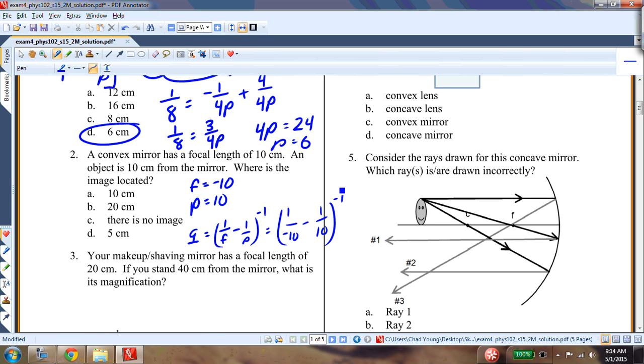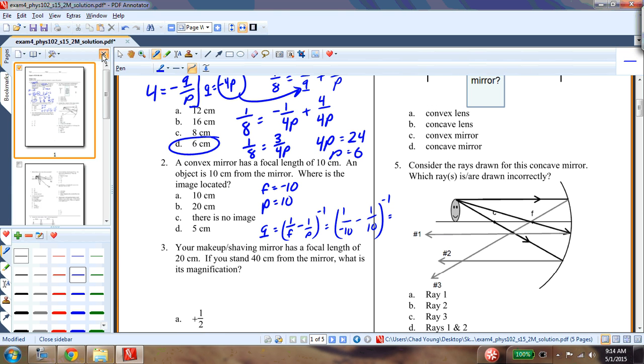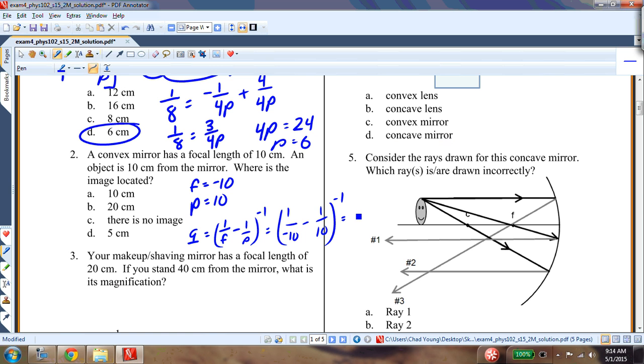That's negative 2 over 10. The inverse of negative 2 over 10 is negative 10 over 2, or 5 centimeters. The image is located 5 centimeters from the mirror.